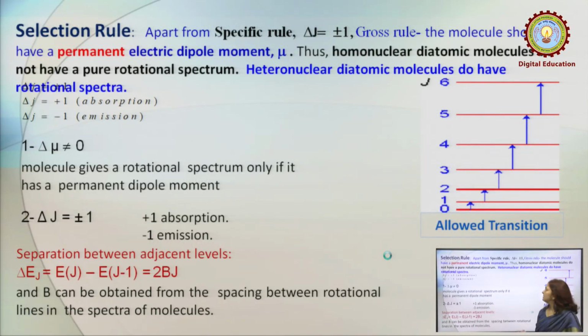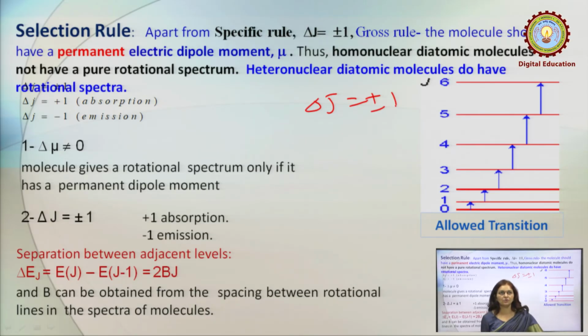Now come to the selection rule of rotational microwave spectroscopy. The main selection rule is delta J equals plus or minus 1. This is the gross selection rule, but the molecule should have a permanent electric dipole moment.